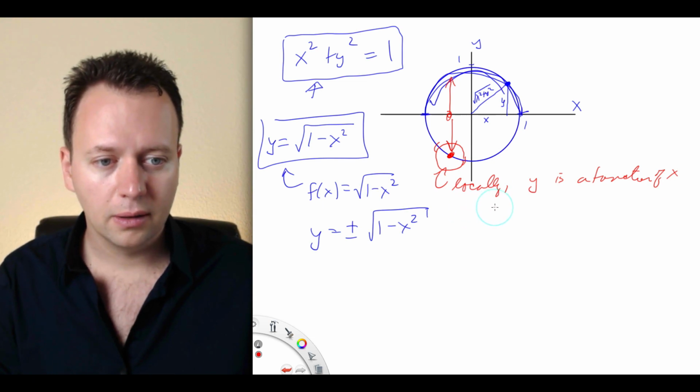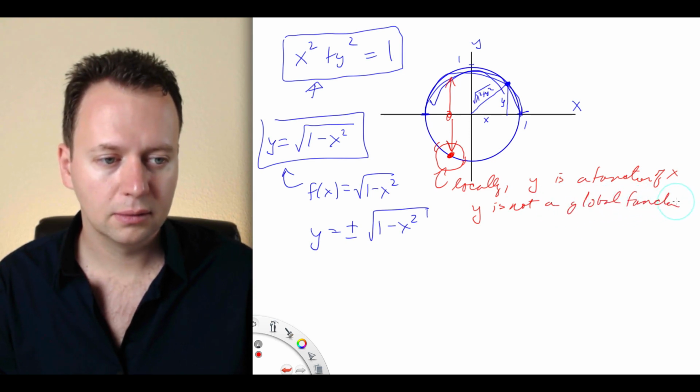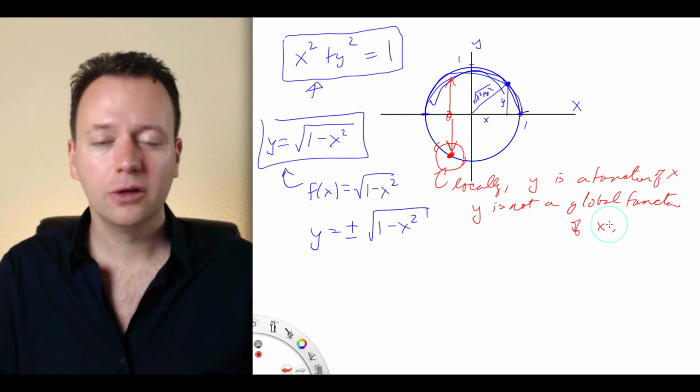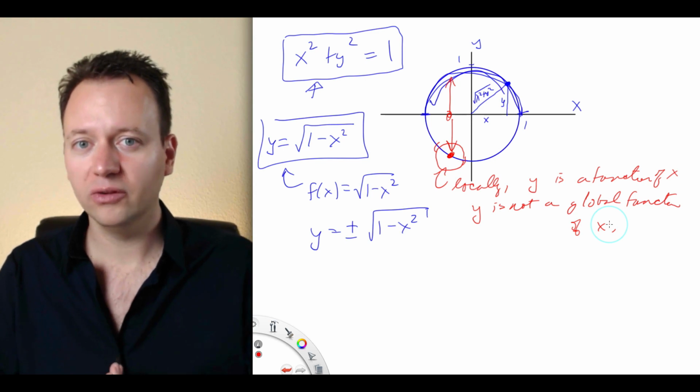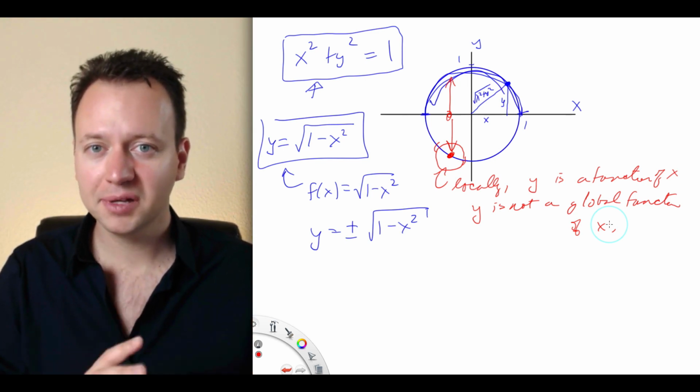So y is not a global function of x. In other words, when you consider the entirety of the graph, you do not get a functional dependence of one variable upon the other. So we'll just say that this is a graph of an implicit equation.